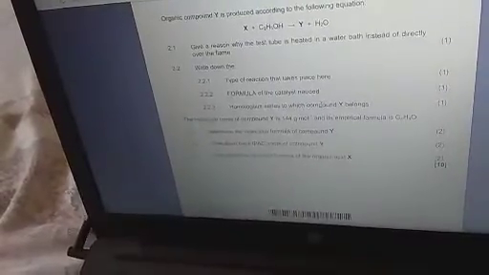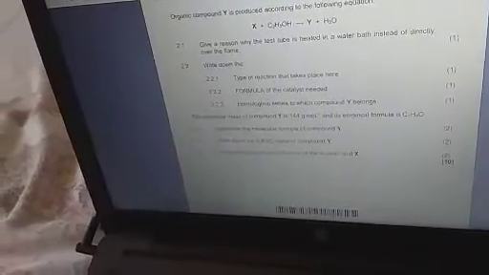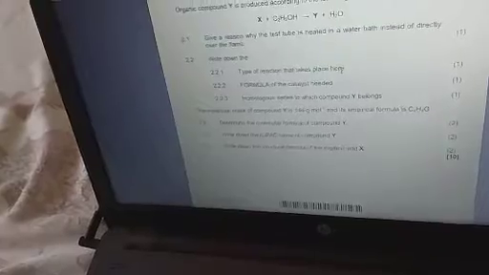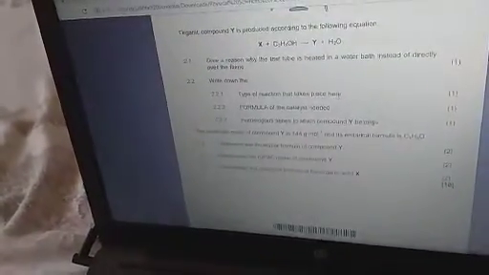I wouldn't be too sure of the answer here because it's too general and needs someone who specializes in physics. Write down the type of reaction that takes place here. The types of reaction. How many reactions do we have?